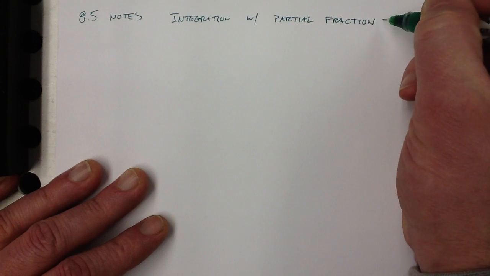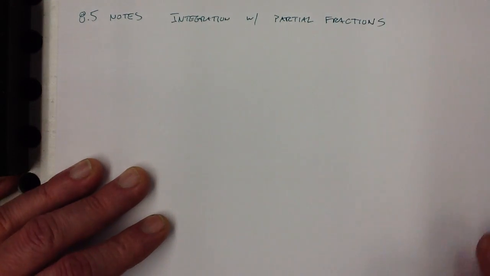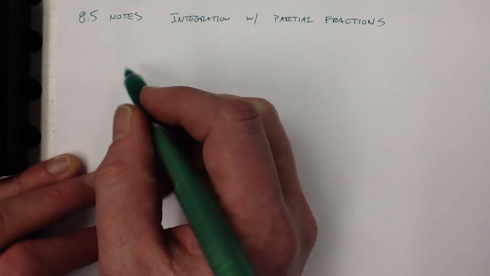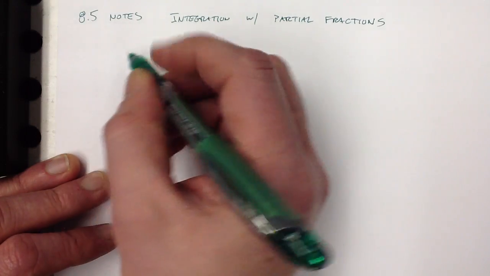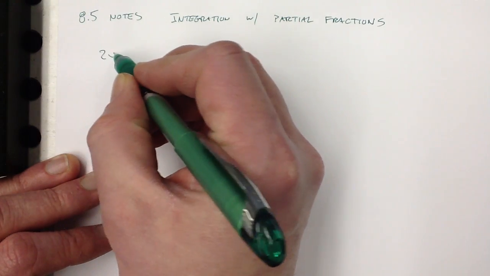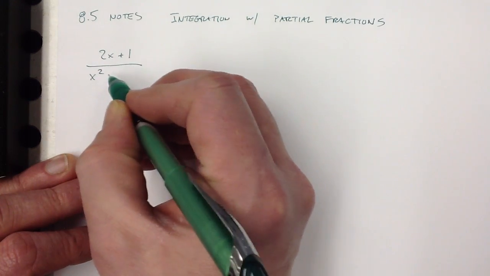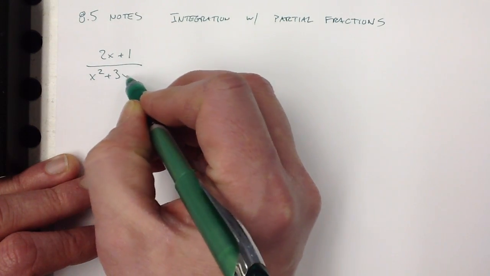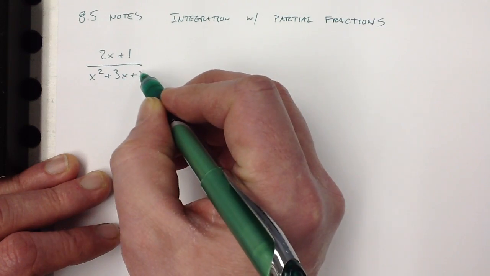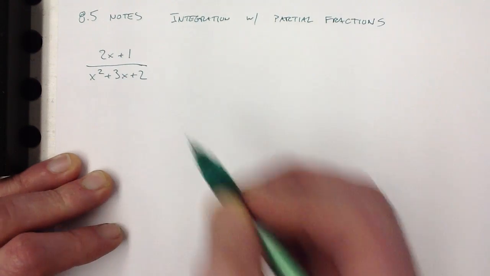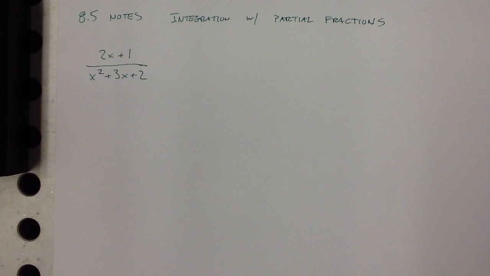So it's time for us to remember how to take a rational expression, let's say like this, 2x plus 1 over x squared plus 3x plus 2, and decompose this into partial fractions. You got to remember what that means and how to do it.